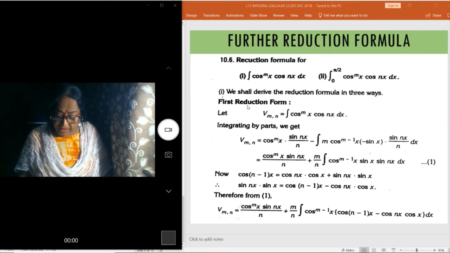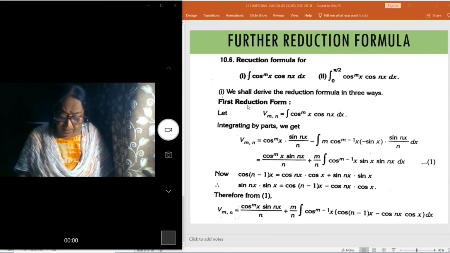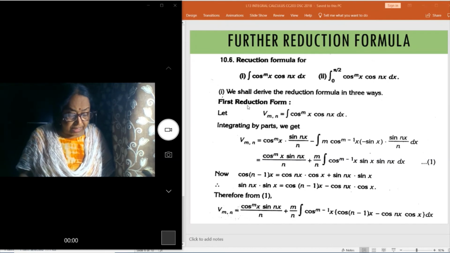Similarly here we can see we use the formula for cos n minus 1 x for the value of sin nx into sin x.